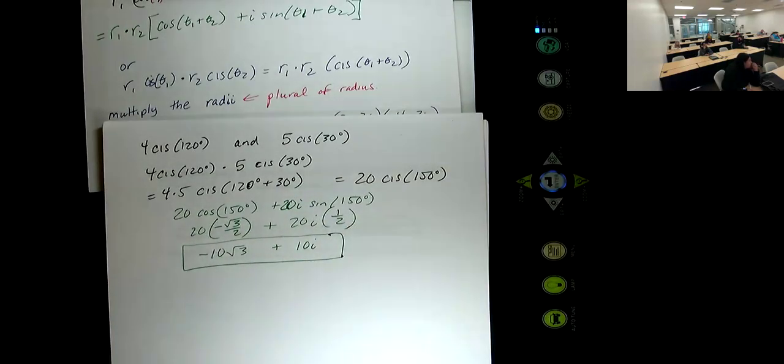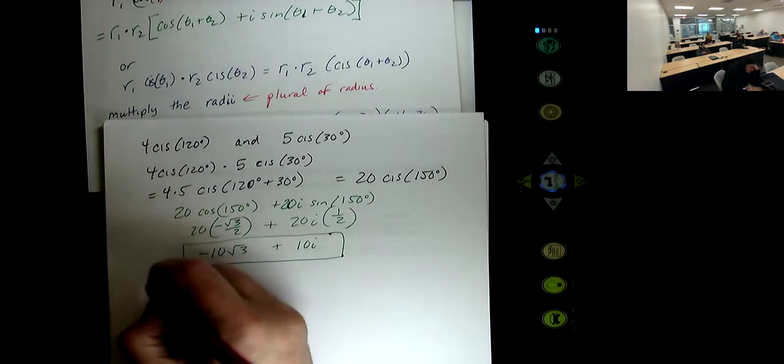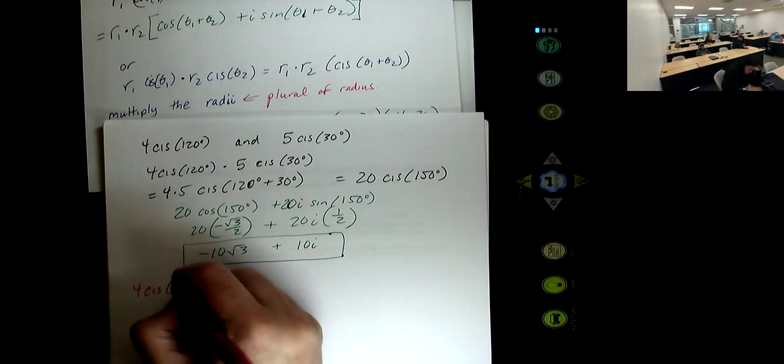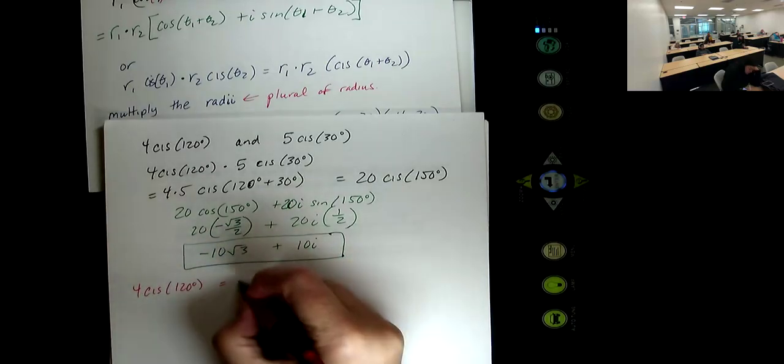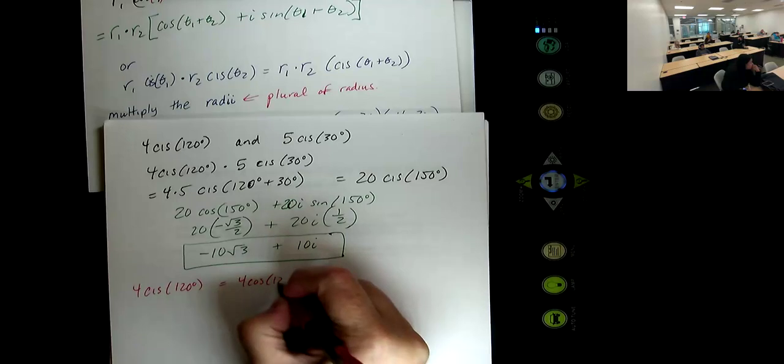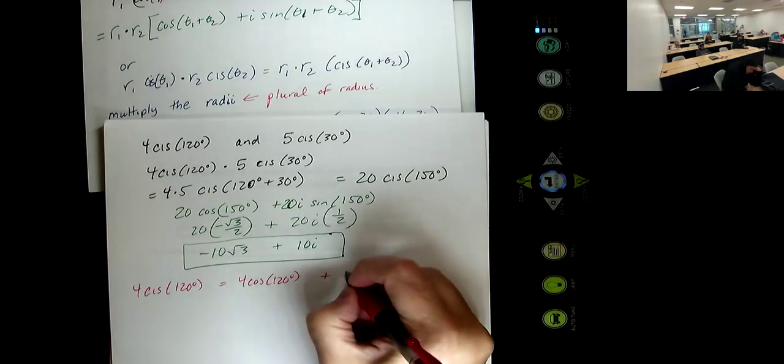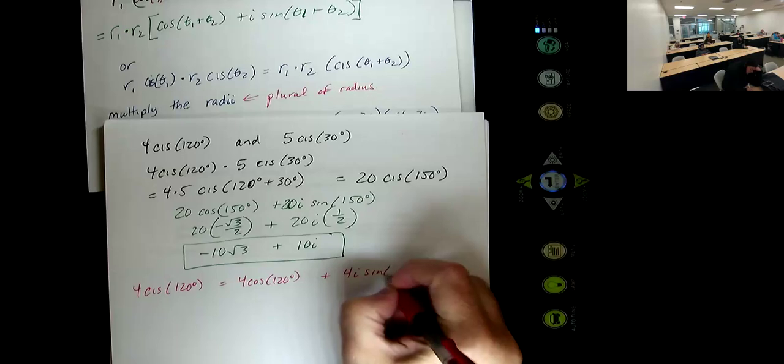Does that work if we shift it to rectangular and get the same thing? Let's check it out. So what is 4 cis 120 in rectangular? We've got 4 cosine 120 plus 4i sine 120.